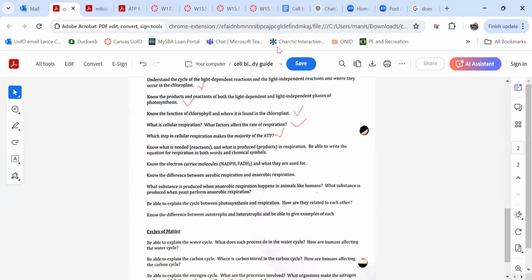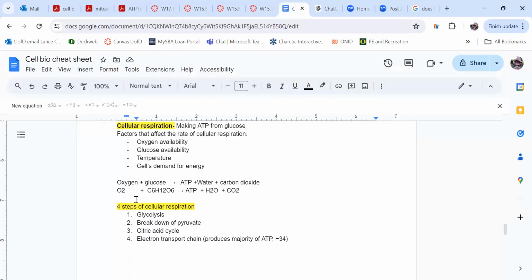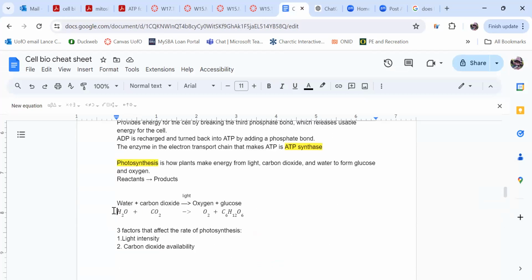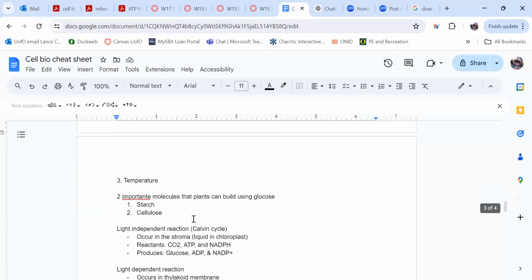Be able to write the equation for respiration in both words and chemical symbols. Yeah, you have to make sure you do that. And so we write down chemical symbols, we want to write it in equation form. So you see how I have O2, we have C6H12O6. Write it like that. I can't just copy and paste that though. That's annoying.